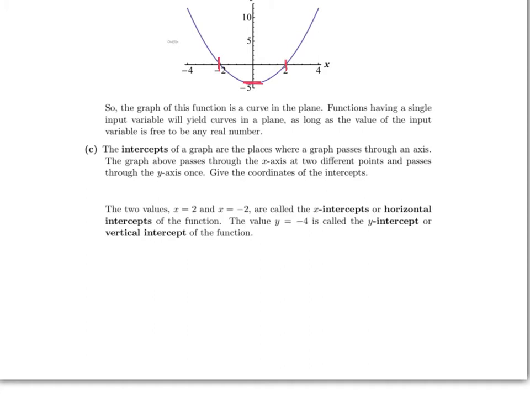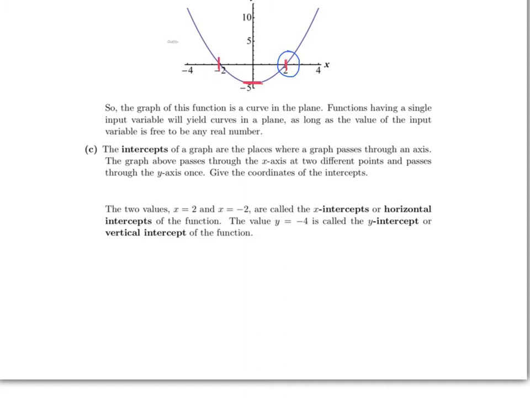Before moving on, let's take a little bit more time and talk about how to find intercepts. In this course, you will commonly be asked to determine the intercepts of a function algebraically. So let's look at the graph above here. Let's just take this intercept right here.